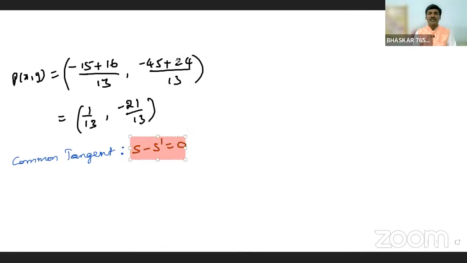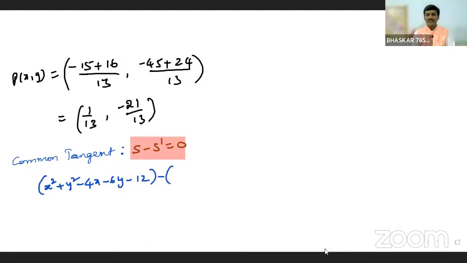Tell me the first circle. The first circle is x square plus y square minus 4x minus 6y minus 12. This is S minus S dash.